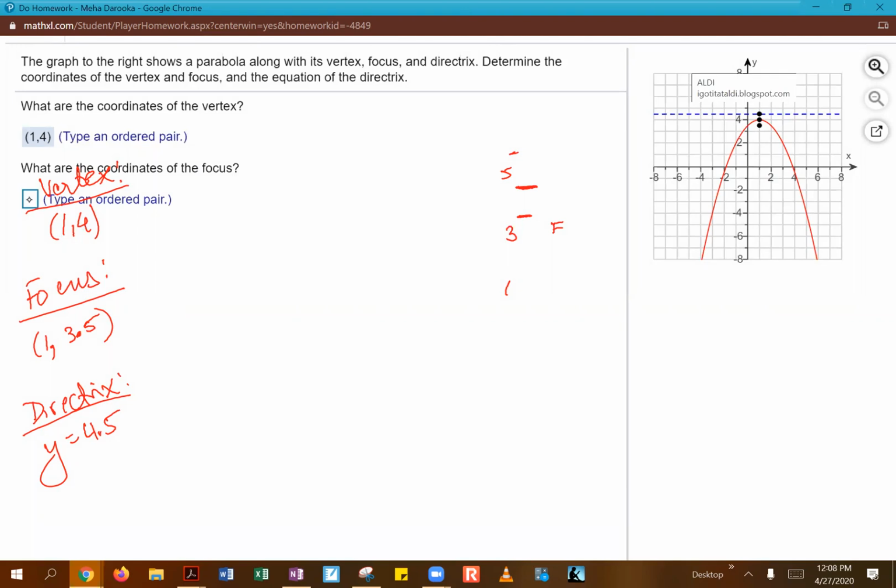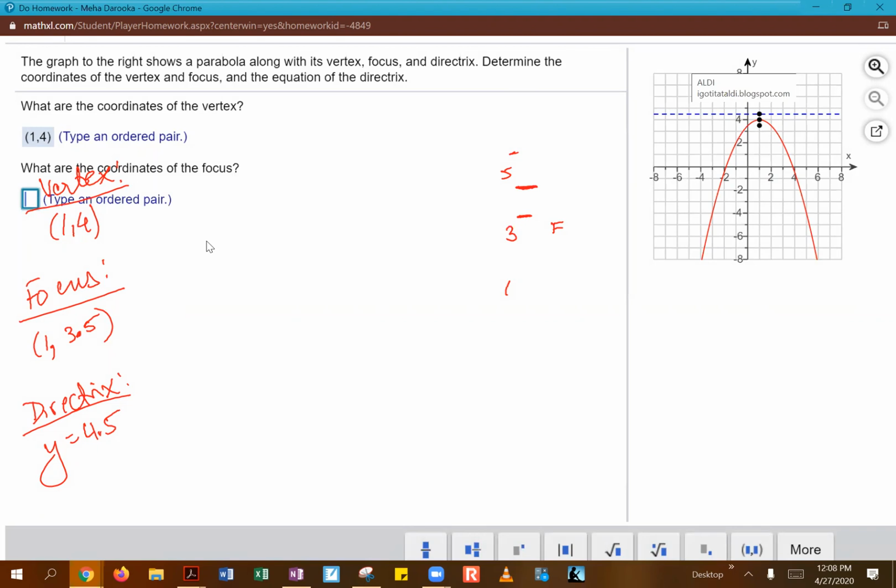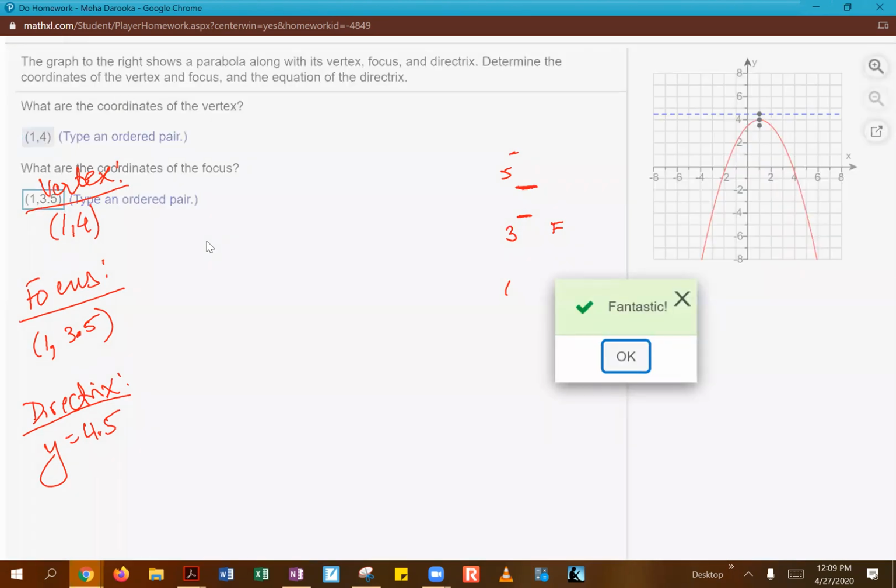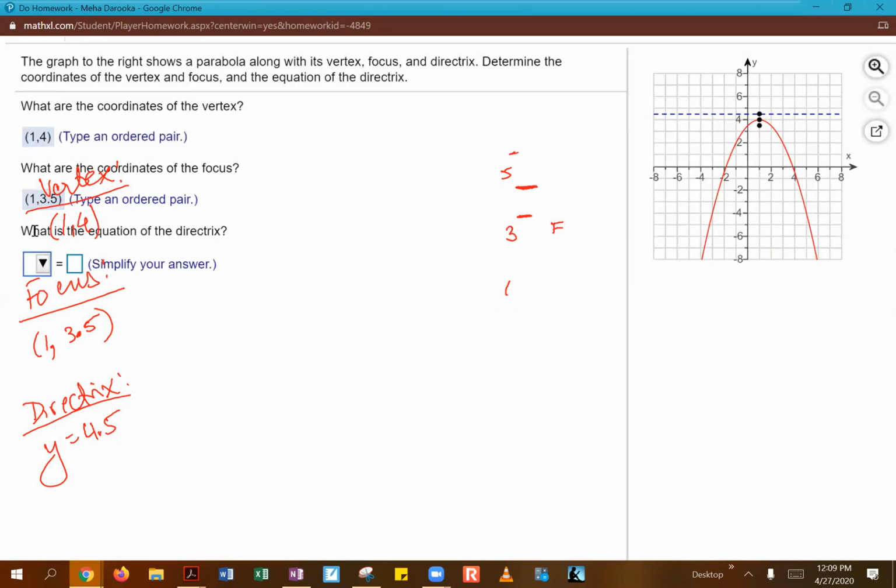All right, so we've got our vertex as (1, 4), and then our focus is at (1, 3.5). Okay, good to know they are accepting decimals. So let's see. Now remember, your parabola is opening up and down, which means your directrix is going to be a horizontal line, and all horizontal lines have the equation of y equals... let me go ahead and clear this out.